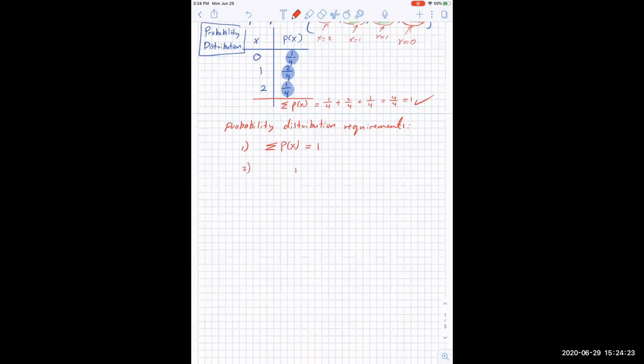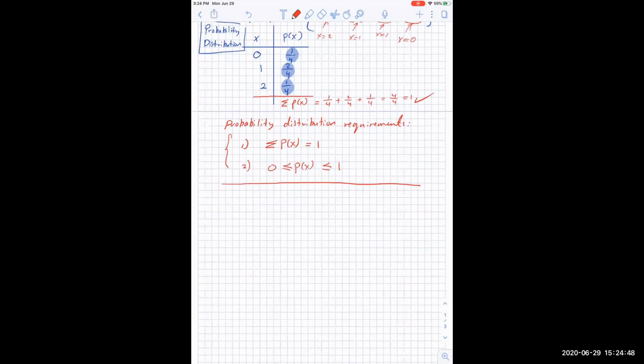Number 2, each probability value must be greater than or equal to 0 and less than or equal to 1. It cannot be negative, and it cannot be more than 1. If these requirements are satisfied in the table, then we call that table a probability distribution.